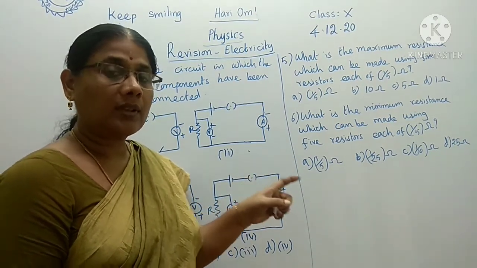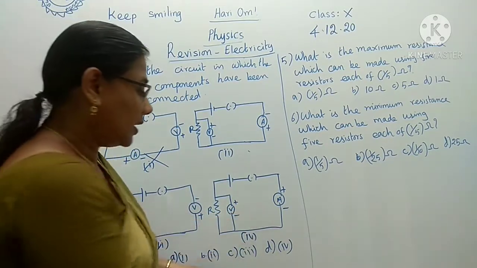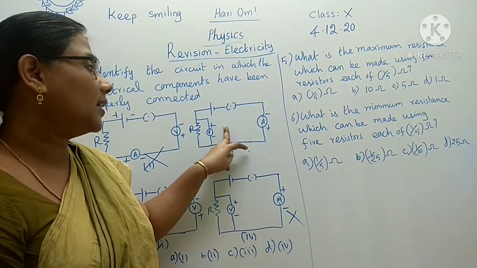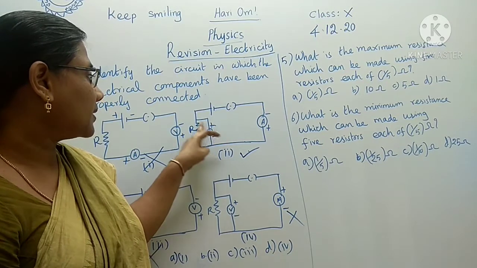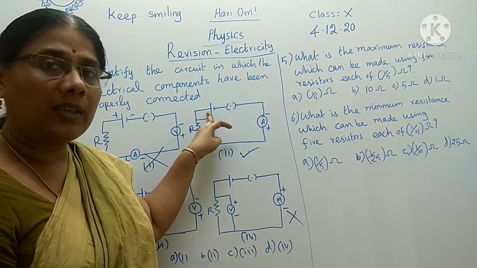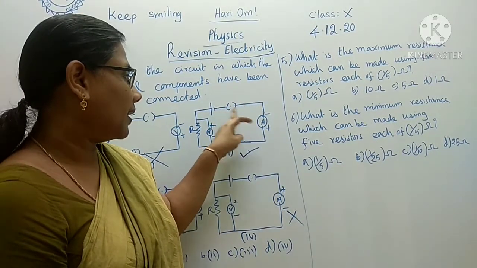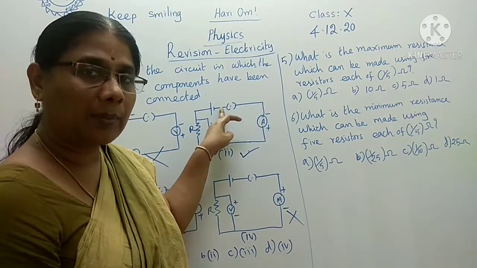If we see the circuits according to that rule, this is wrong, isn't it? So, fourth one is wrong. Then the second one is correct, isn't it? Because here positive terminal of the voltmeter is connected to the positive terminal of the battery. Then negative terminal is connected to negative terminal of the battery. Ammeter also, negative terminal is connected to the negative terminal of the battery.